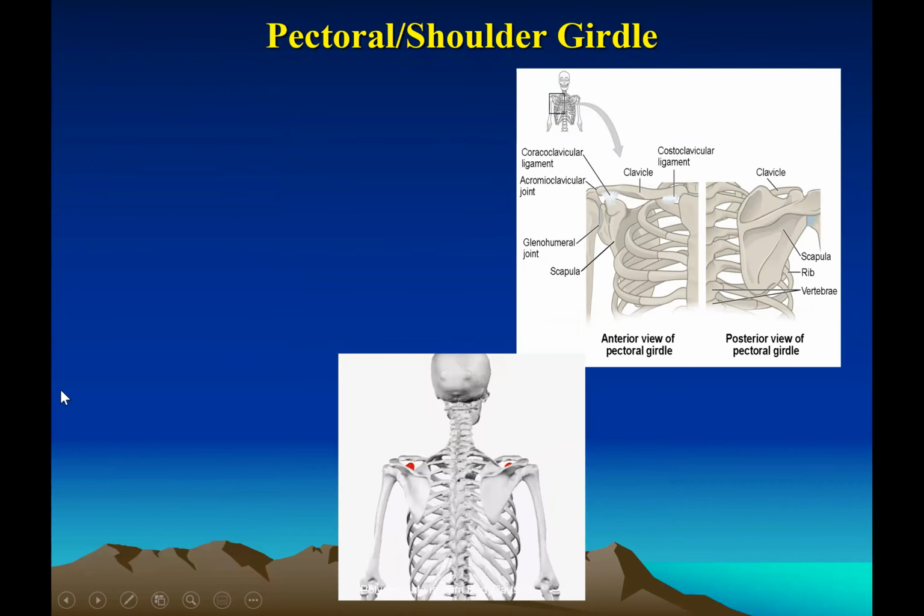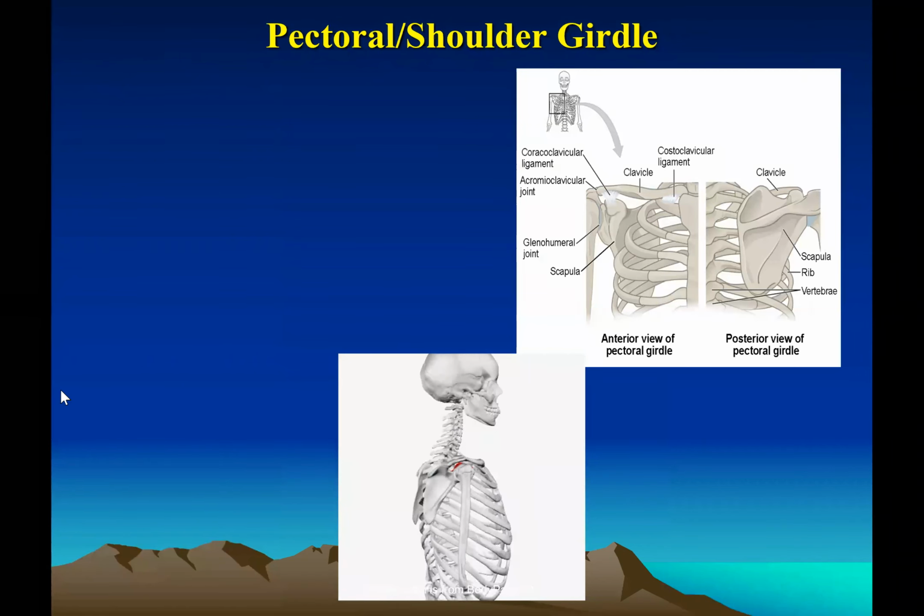So this is a picture of the pectoral girdle or your shoulder girdle. You can see how the pectoral girdle connects your arms to your body. It is very important for your posture. It positions your shoulder and it provides a base for your arm attachment. It is made up of clavicle.